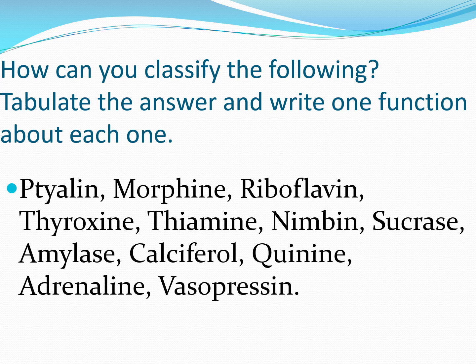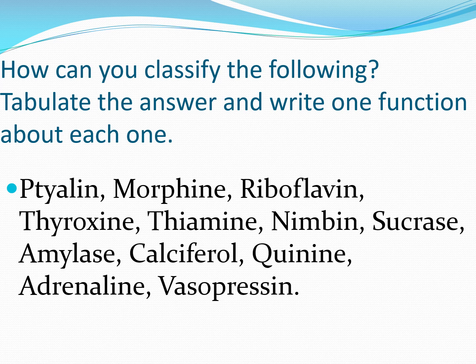Let us see the functions of enzymes. First one, thiolin. Thiolin converts carbohydrates into dextrins. Thiolin is nothing but salivary amylase produced by salivary glands, which converts carbohydrates into dextrins, maltose. Next, sucrase.